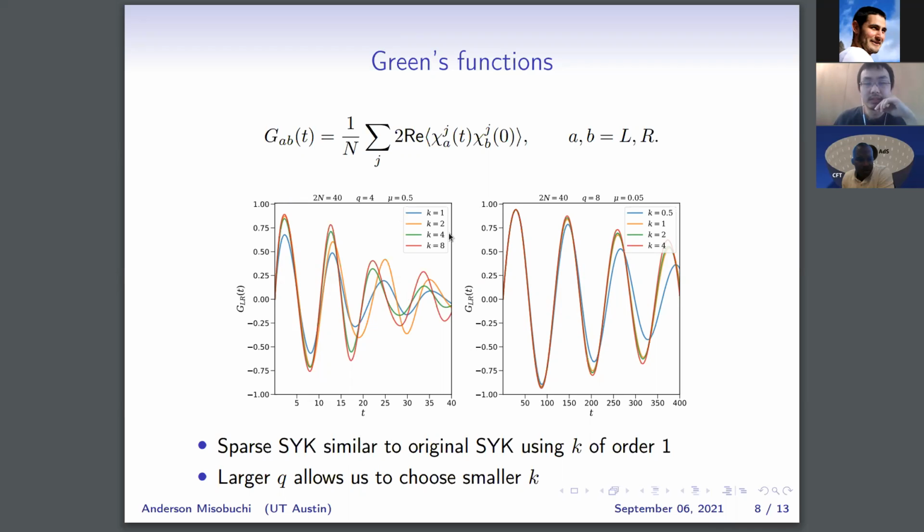We also noticed that running the simulation for parameters K of order 1, we would still get close to the original SYK model, just like we were expecting. There is also an indication that if you take larger Q, we can actually get close to the all-to-all SYK using a smaller value of K.